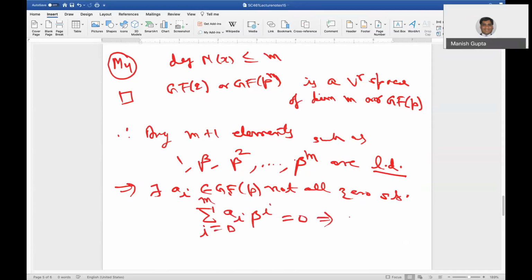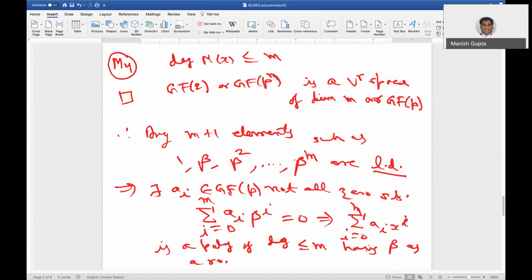This implies that the summation for i equal to 0 to m of a_i x raised to i is a polynomial of degree less than or equal to m having beta as a root. Therefore, the degree of m(x) cannot exceed m.